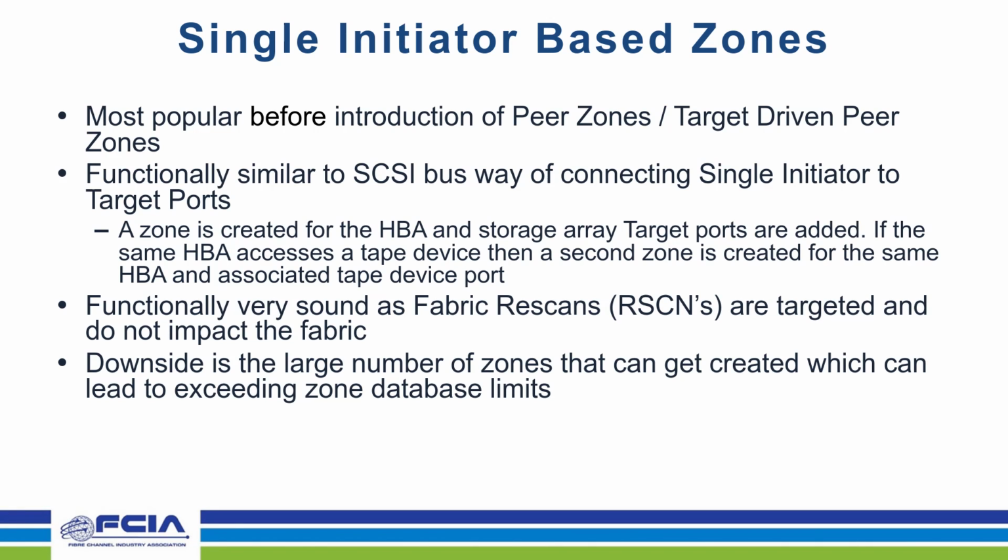The only downside to this particular type of zone is that you can end up in a large fabric. You can end up creating a lot of zones, because if you have a fabric with 10, 15, 100 servers, usually every server has two ports for multipathing. You can end up creating a lot of zones, and hence management of these zones, as well as a possibility of exceeding the zone database limits.